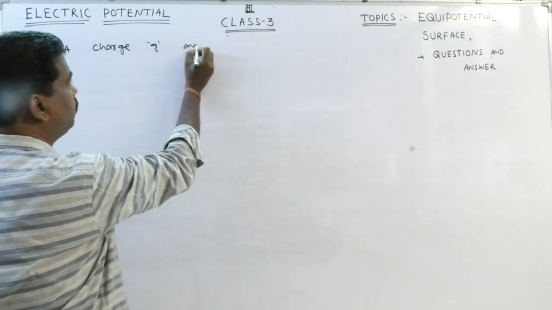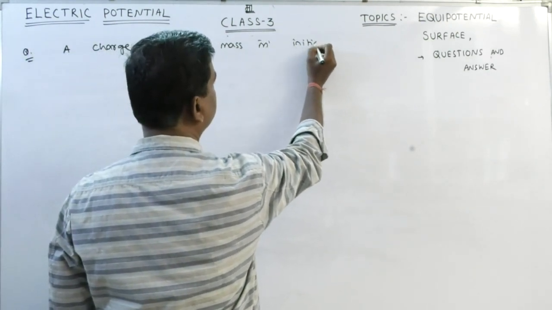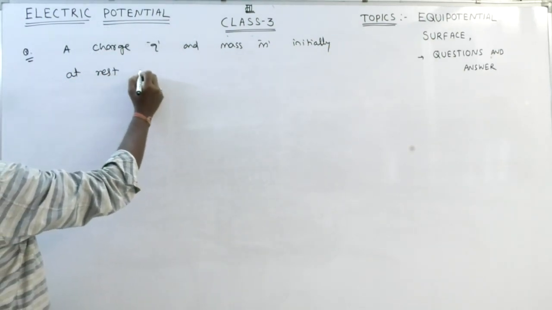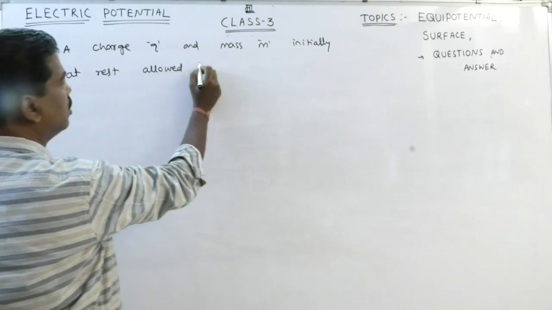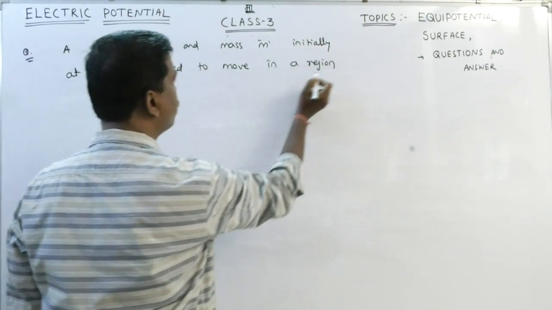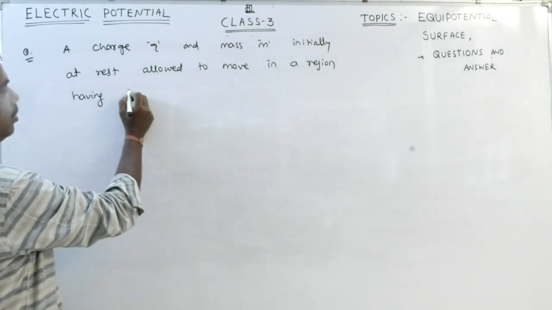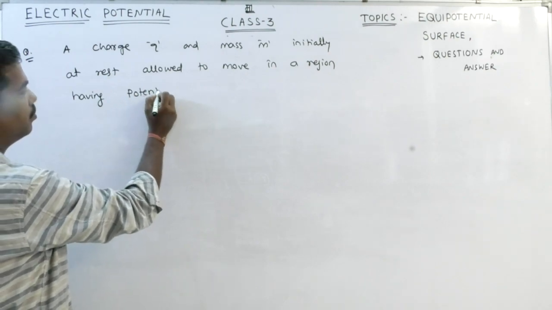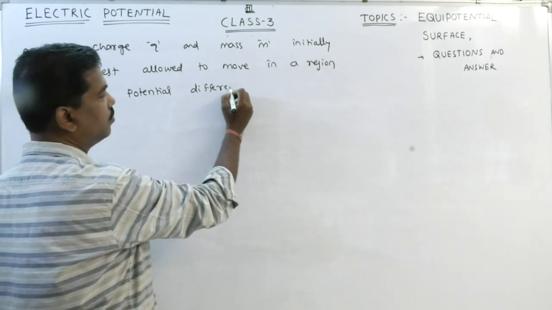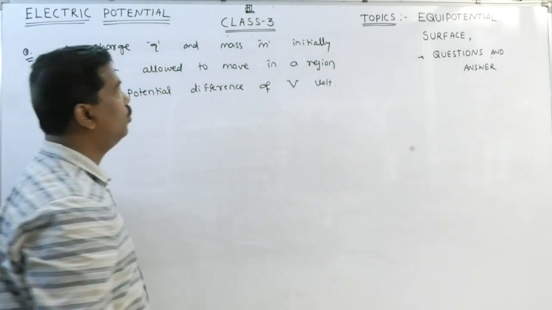A charge q, mass m, initially at rest, is allowed to move in a region having potential difference of V volt.